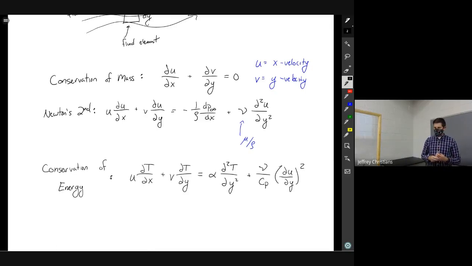So that's not d squared u/dy squared, that's du/dy quantity squared.